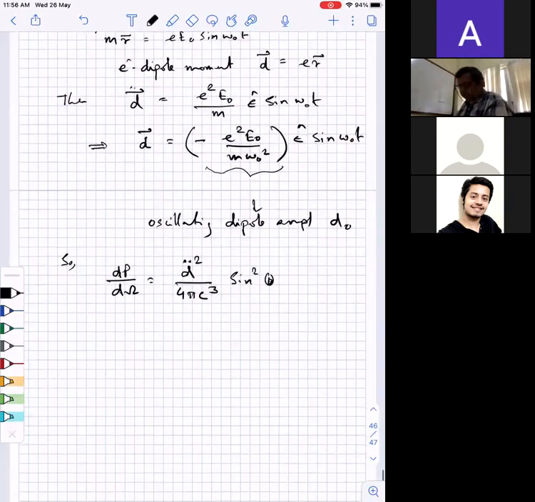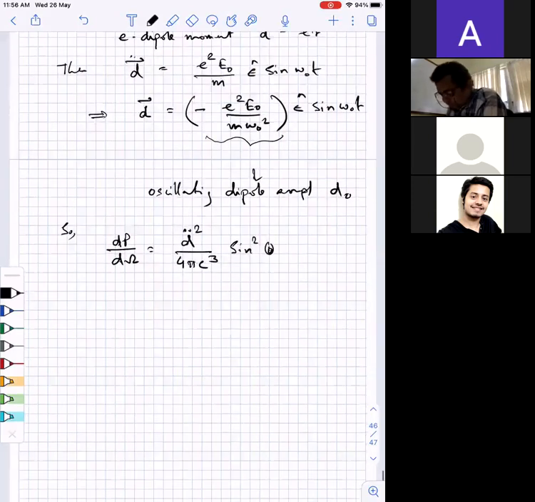And then of course the total power, the very famous Larmor formula, was 2 D double dot squared over 3 c cubed.